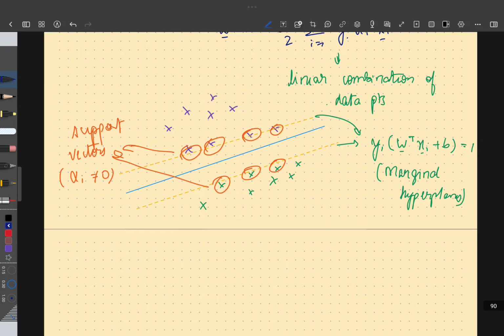So I should really say that these are candidate support vectors, in the sense that no other point can be a support vector, but some subset of these points are going to be support vectors.